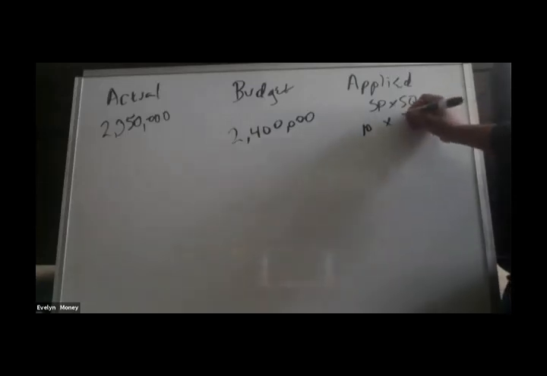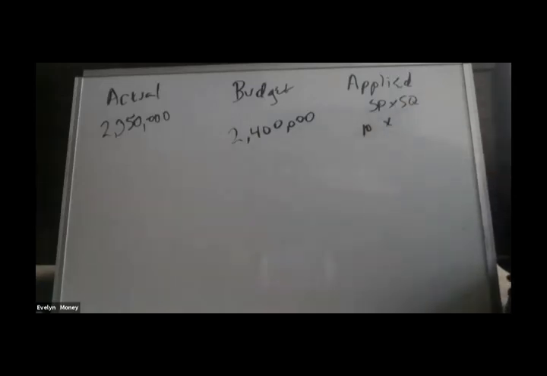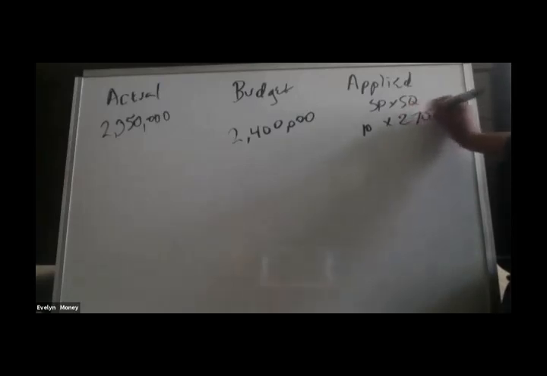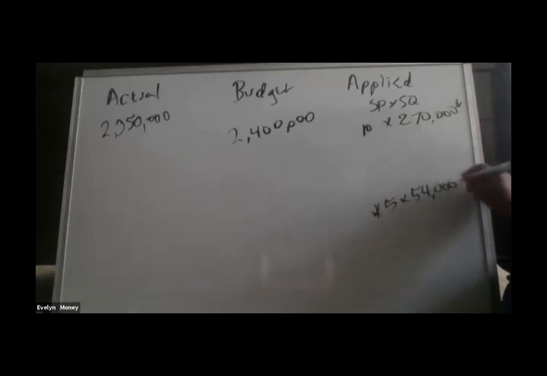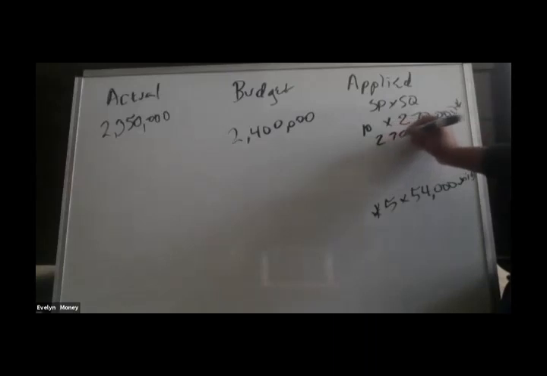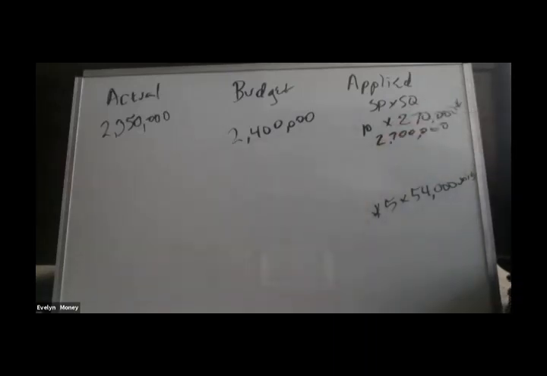So when we kept doing that, we kept getting 270,000. Let me put a little star by that so you know where I got that from. That's the 5 times the 54,000 units. And that gives me the 270,000. So of course that's 2.7 million. So now let's find our variances here.